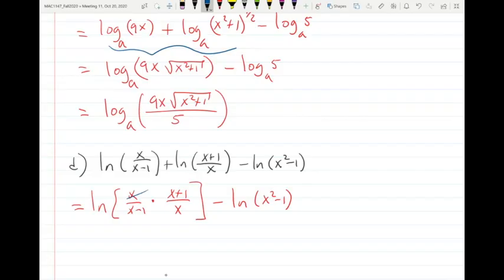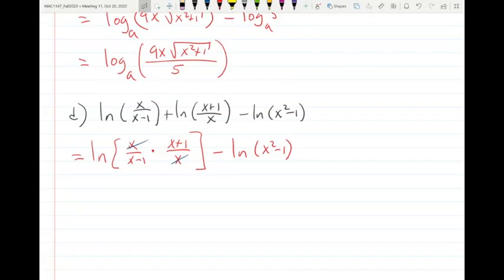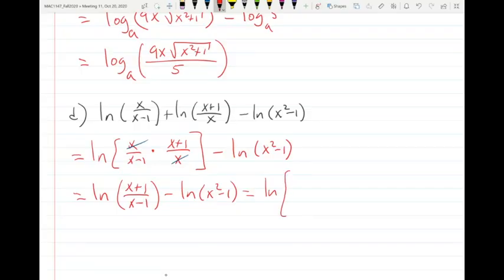So notice that here the x's cancel out. So we get ln of x plus 1 over x minus 1, minus ln of x squared minus 1. And now because of the difference, you can write this as ln of x plus 1 over x minus 1, over x squared minus 1.